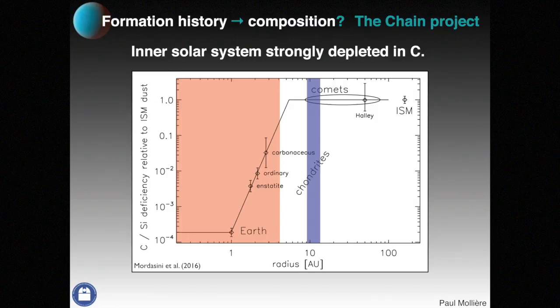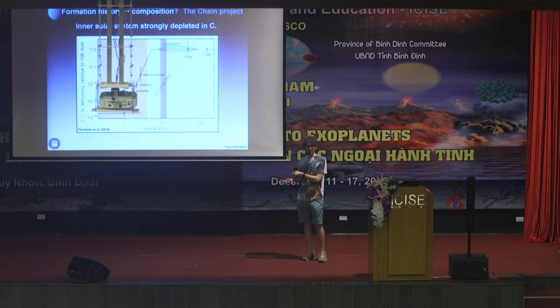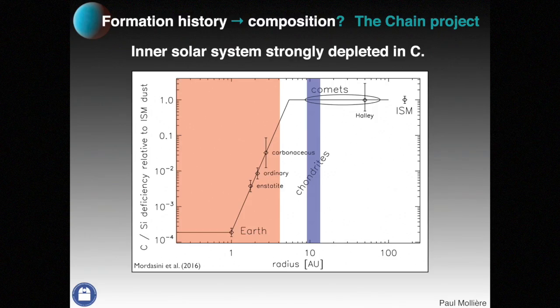And finally, if you look at Earth, Earth is actually quite strongly depleted in carbon. Most of the carbon is locked up on the surface, basically. That's why we still have life on Earth.